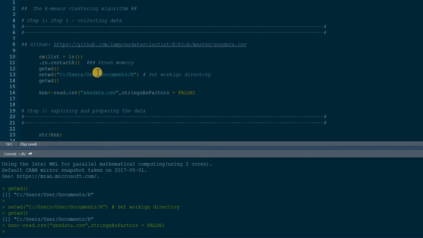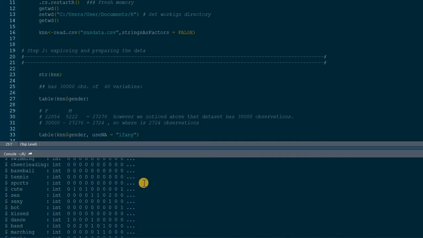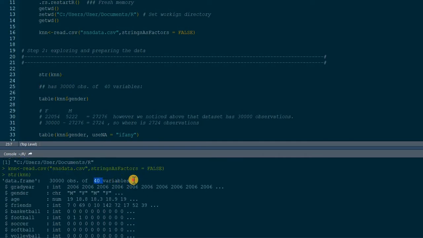Now let's start exploring our data. By structure, it seems like it's got 40 variables with 30,000 observations. So it's quite a number of rows there.